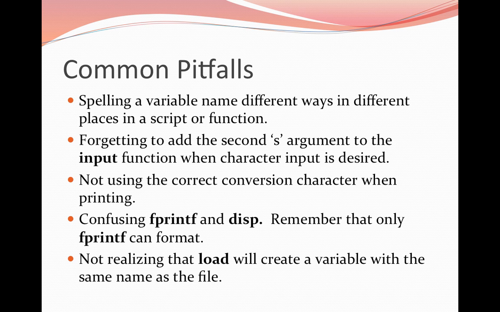Not using the correct conversion character when printing. So remember %d for integers, %f for float, %c for character, %s for strings. And confusing fprintf and disp. Disp just displays something, but it can't format. So remember that only fprintf can print formatted output. And not realizing that load will actually create a variable with the same name as the file, but again, not the extension.